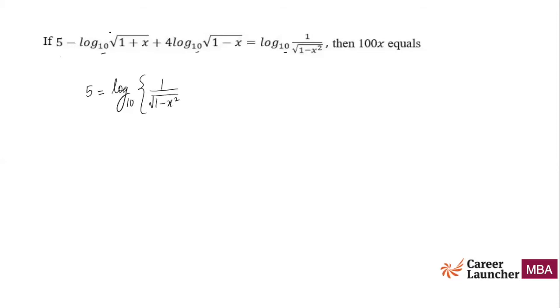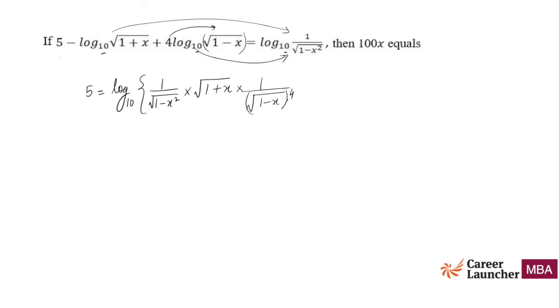When this minus goes to the other side, so I will have a plus log. When it comes together, it gets multiplied, right? And when this one goes to the other side, this plus becomes a minus, and this 4 will go to the power, right? So it means it will get divided. So it will be under root 1 minus x whole to the power 4.